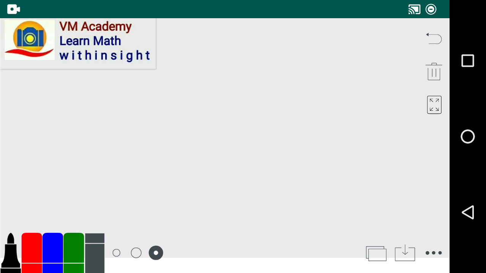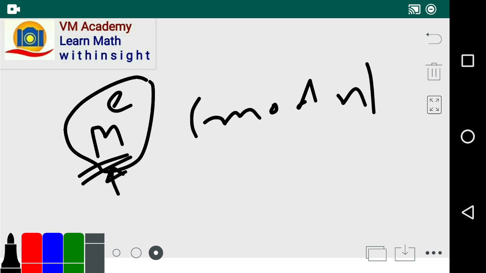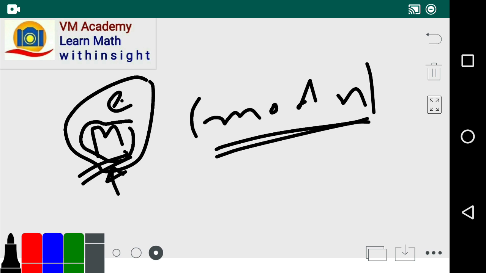So friends, if this is the message, what will the sender do? The sender will encrypt this message by raising it to the power e and taking mod n. The message is converted into an integer, and this integer is raised to the power e, and mod n is taken, and then this is sent through the network.